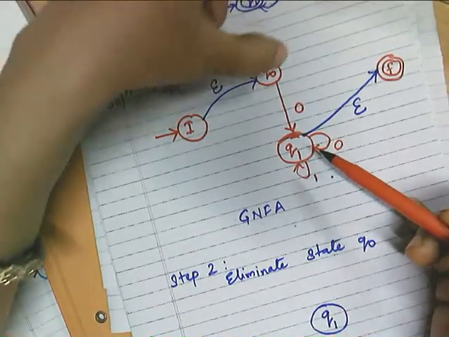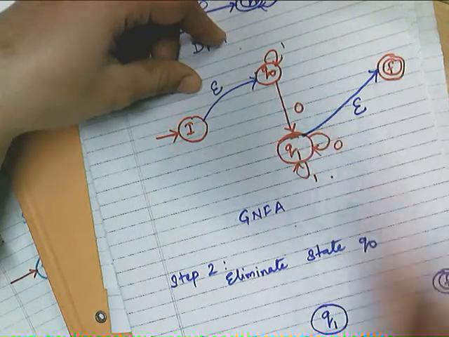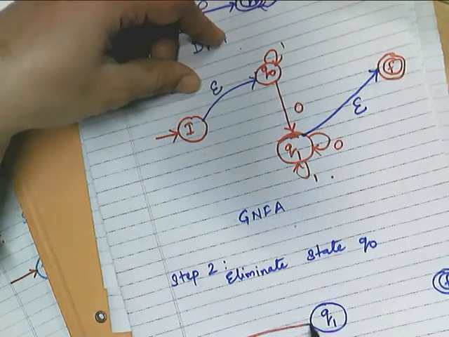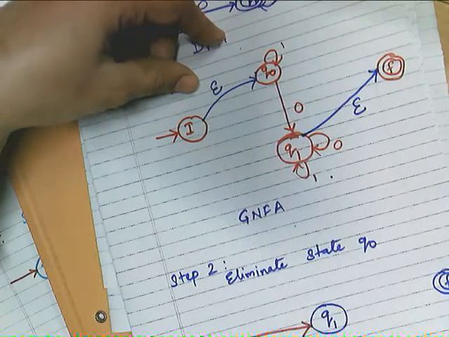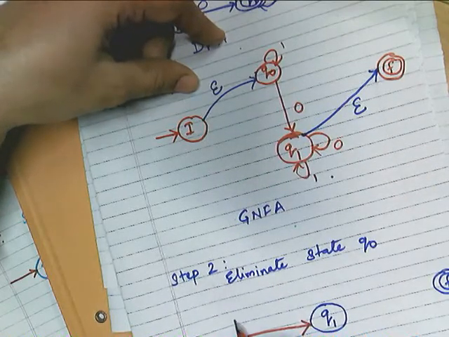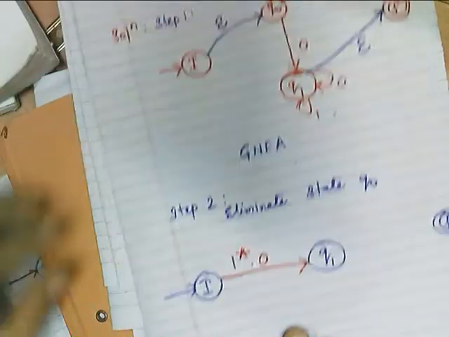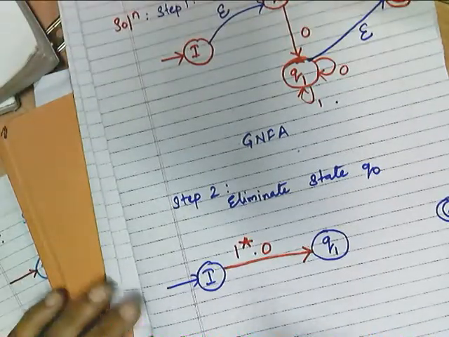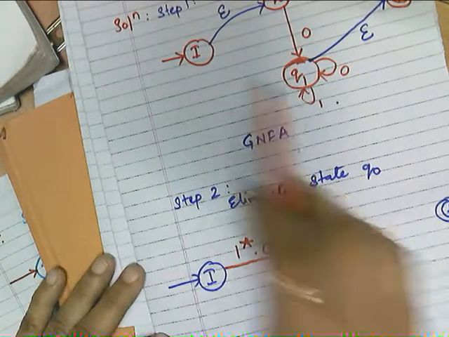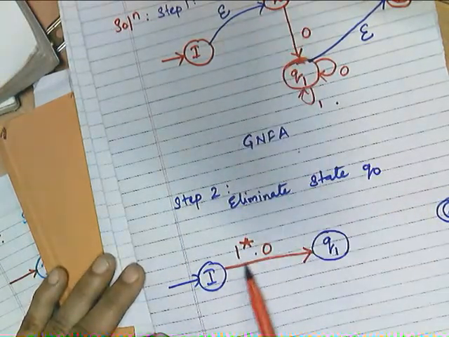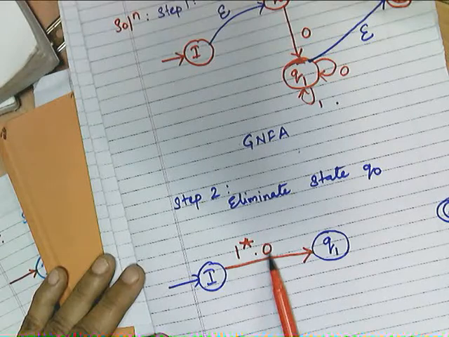If I have this self loop and this 0, the transition from the initial state to Q1 via Q0 will be 1 star dot 0, right? So I can reach from the initial state to Q1 via Q0 with the expression 1 star dot 0.